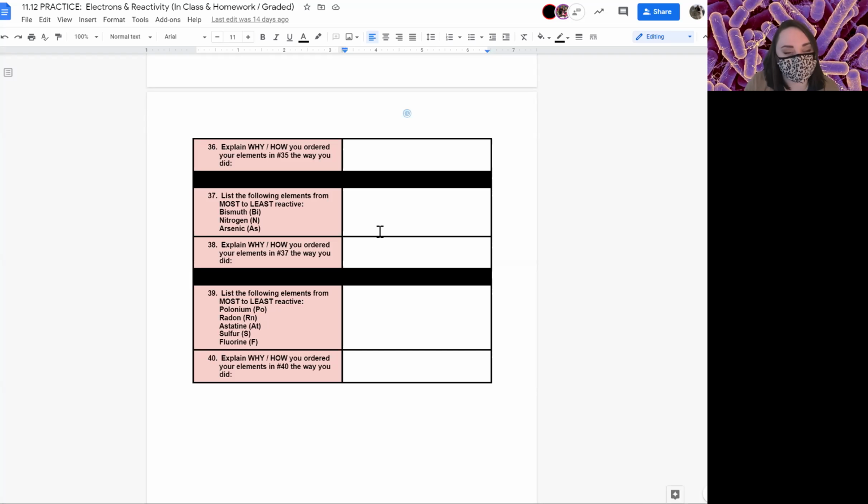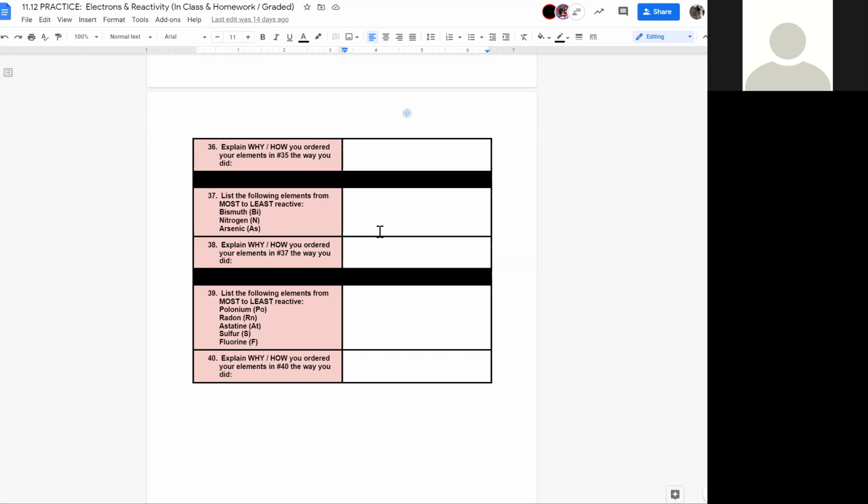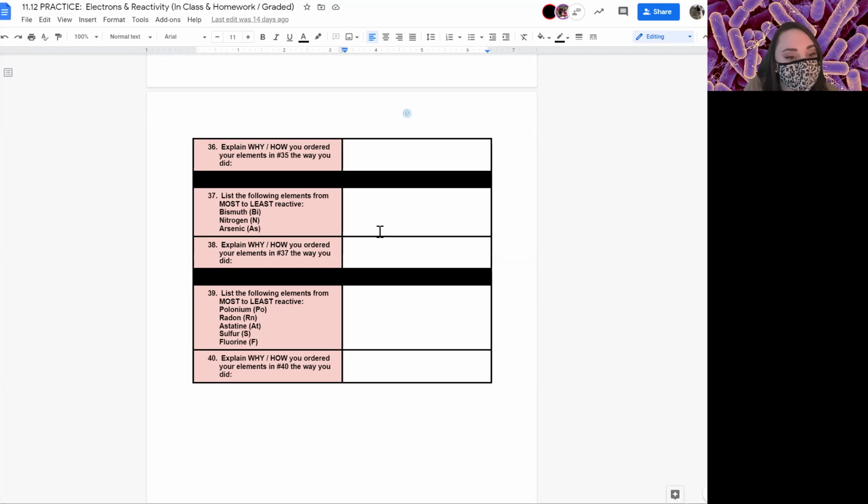Why is nitrogen the most reactive in this group? Remember, we need to think opposite of the metals. Why is nitrogen the most reactive? Because the column. Because it's what?